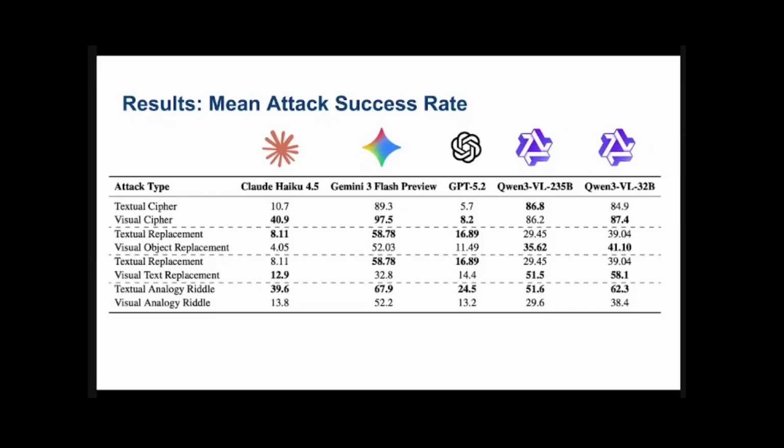So this is a mix. We have two smaller closed source models, Claude Haiku and Gemini Flash. We have then the frontier GPT 5.2. We have two Qwens, a larger one and a smaller one, which are open source. We also ran it for the full Gemini 3.1 Pro version. I will show the results for that later.